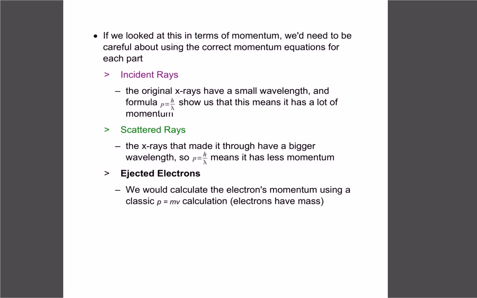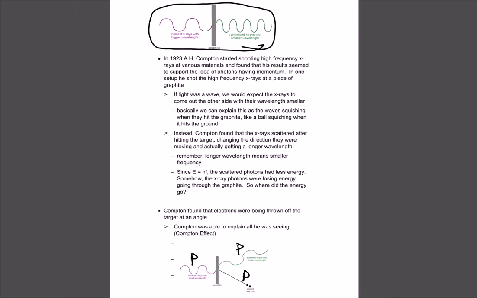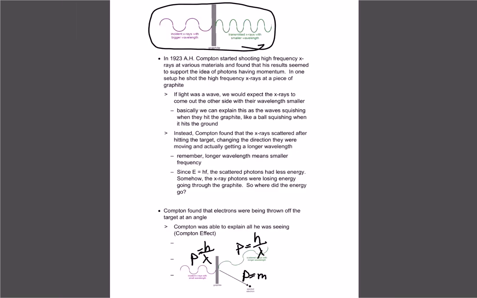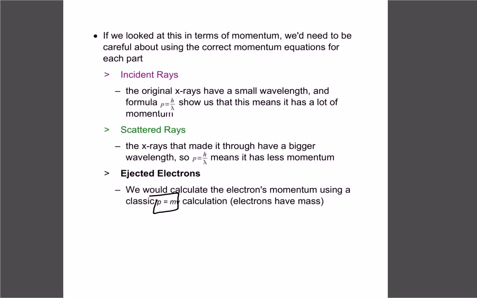If we look at this, we can calculate the momentum coming in as P equals h over lambda. We can calculate the scattered waves as h over lambda, and they're going to be different because it loses some of the energy. For the momentum of the electron, we still have to use our old formula, P equals mv, because the electron has a mass.